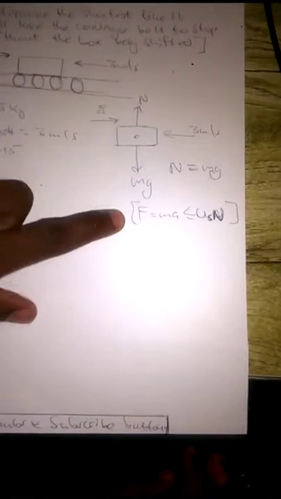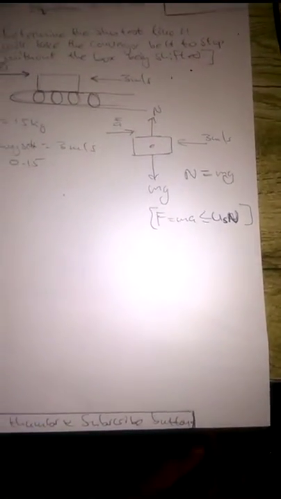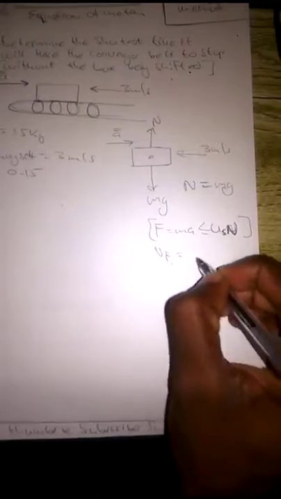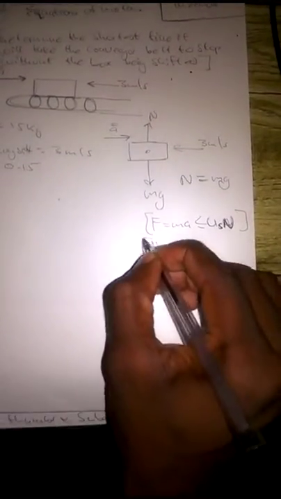This condition will allow the box not to move when the conveyor belt is going to a stop. Also notice that the final velocity of the conveyor belt will be 0 when it stops. Remember, we are to find the shortest time it will take the conveyor belt to stop without the box being shifted.